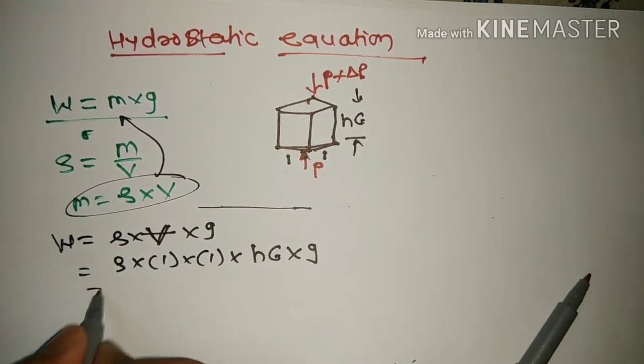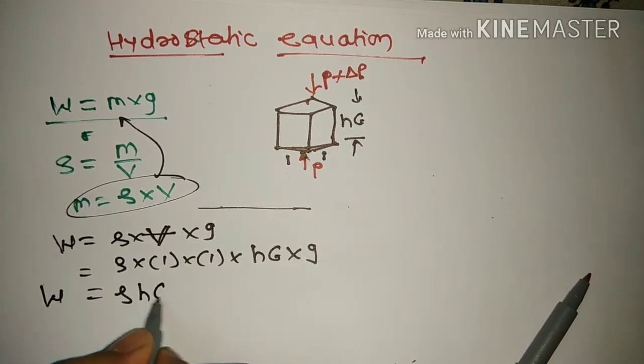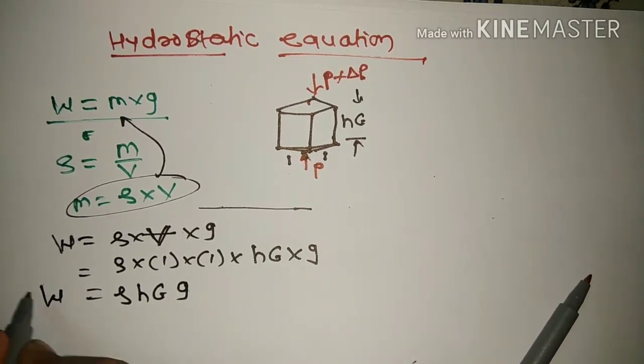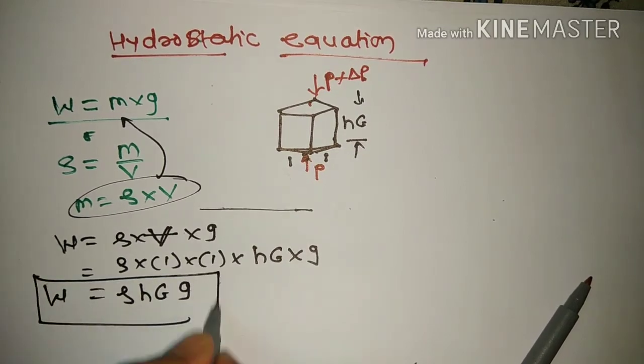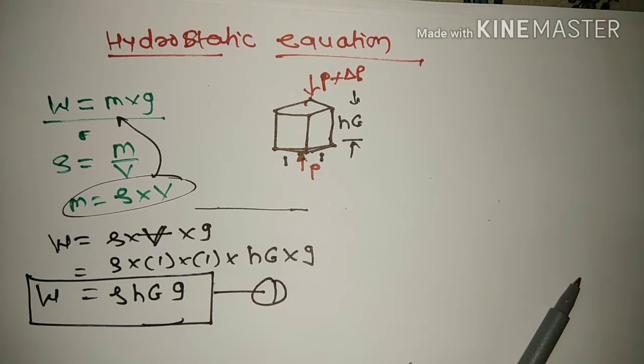So W will be rho Hg g. The weight of this element is this. This is equation number 1.